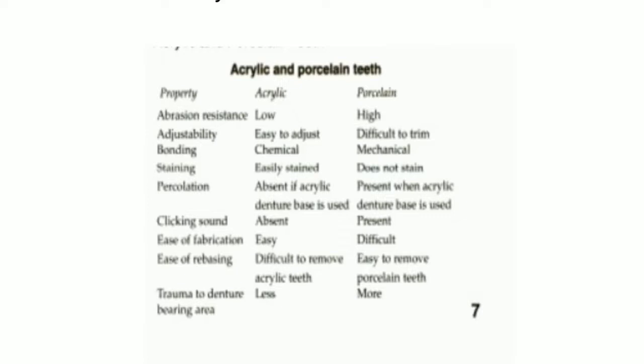Fabrication is easy in acrylic but difficult in porcelain. Rebasing is easy in acrylic but difficult in porcelain. Trauma to the denture bearing area is less in acrylic but more in porcelain. These are the comparisons between acrylic and porcelain teeth.